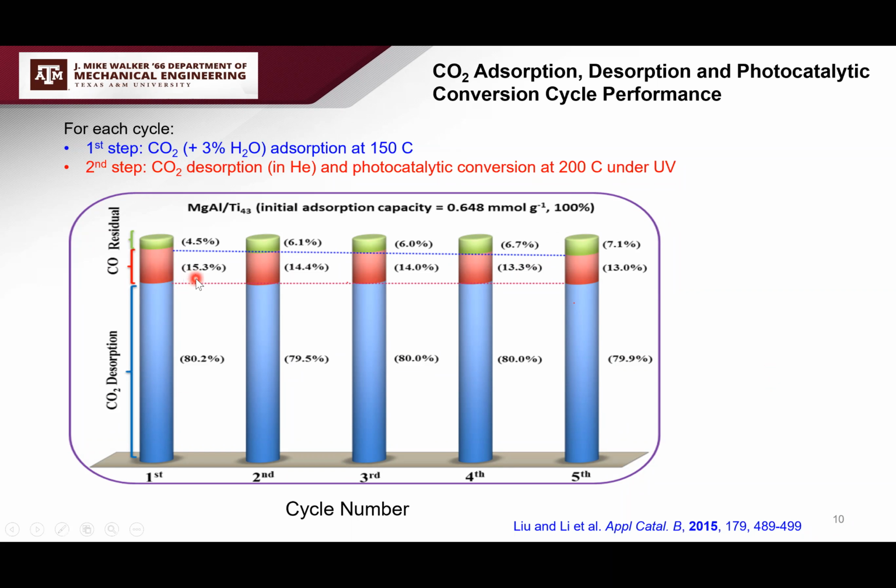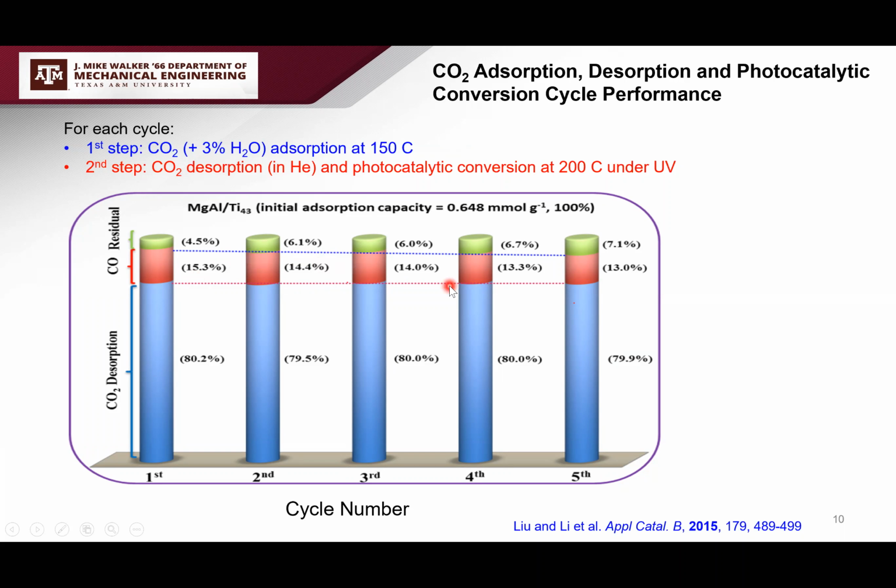So considering the 15% is actually quite a dramatic number, because considering the huge amount of CO2 emitted from power plants, if we can really convert 15% of those into CO, that will be very interesting and very promising, right?